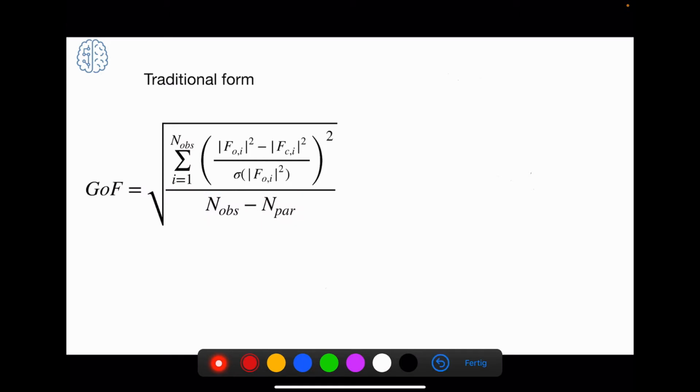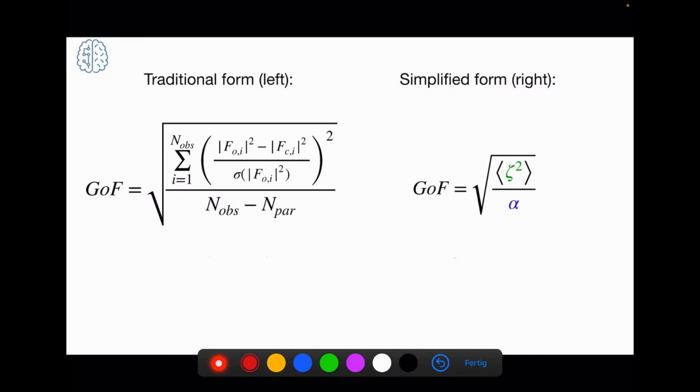Now, this formula doesn't look very appealing, and it can be rewritten in a simpler form if we just divide by the number of observed intensities. We arrive at a simpler form, which is an average. In this simpler form on the right-hand side, the goodness of fit is written just as the square root over the mean squared weighted residual over alpha.